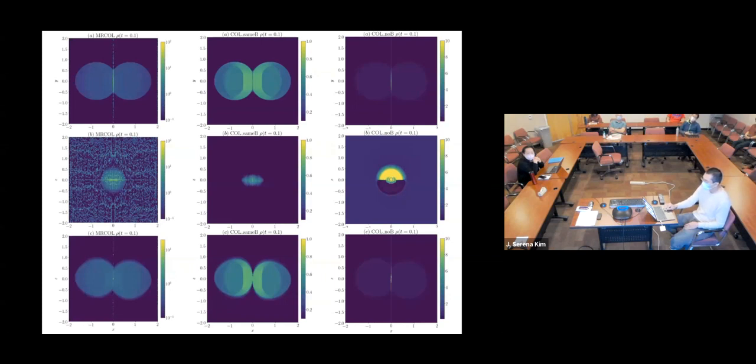Without magnetic fields, it's easier to understand. You can see there's just a circle in the middle due to the collision compression.